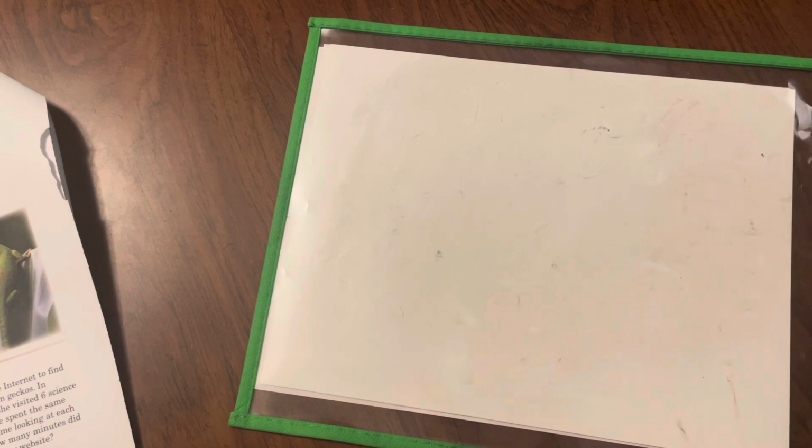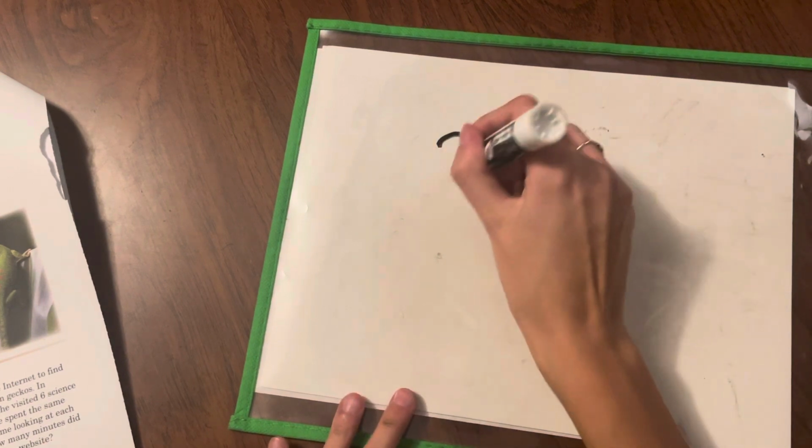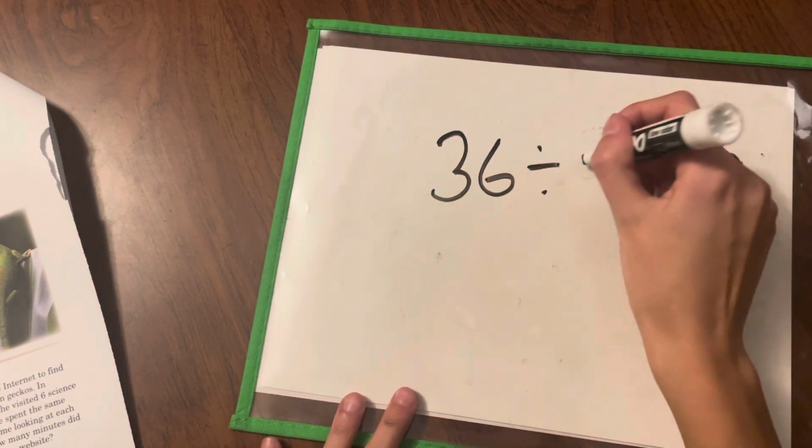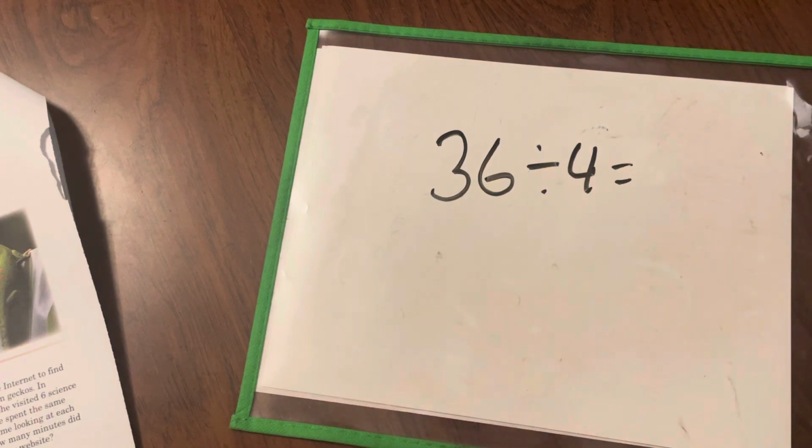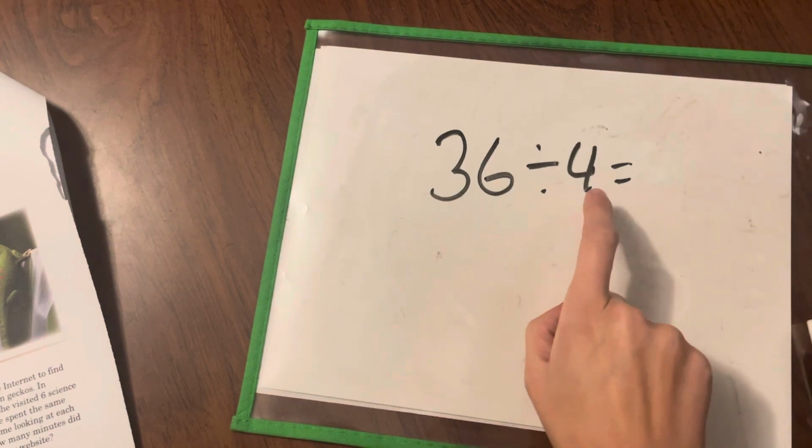Let's do one more. Let's try 36 divided by 4. 3, 2, 1. Show me. All right, remember, we're going to skip count by 4.